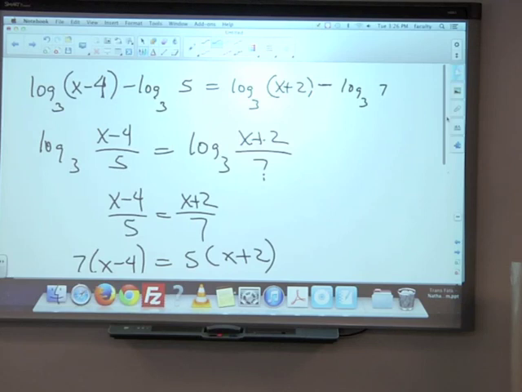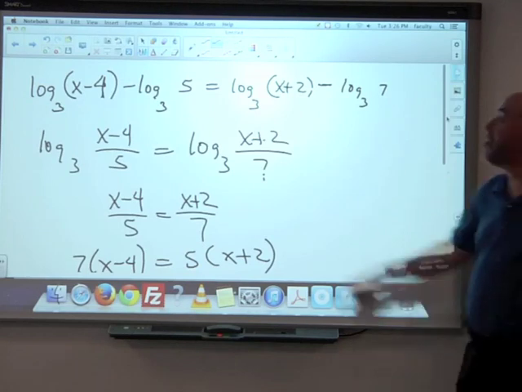It's a rule. Remember I asked you what the log of 0 was? It was undefined. I asked you what the log of negative 5 was. It was undefined. So we do need to make sure when we get an answer that it actually works in the original intent of the problem. The original intent of this problem was that it was a logarithmic problem. So when you check it, I just go right up here.